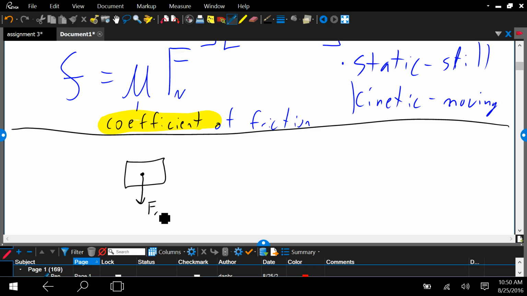I'm going to use F with a subscript G for the gravitational force. I could use a capital W as I did in the previous example. Some people use a W, some use F with a capital G, some just write mg right here. All those notations are just fine. The table is supporting this block, not letting it fall, so the table must be pushing up with the same force to balance it out so that it doesn't accelerate downward.